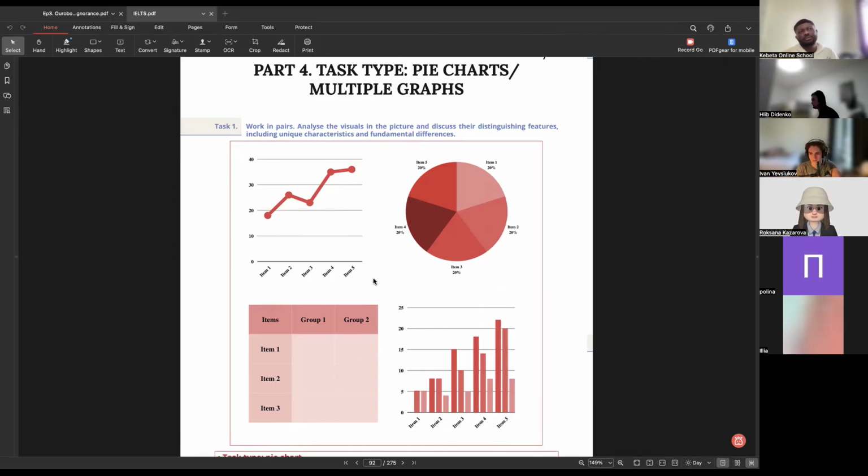It's more similar to the line graph, which only shows change in data over time or over something. And the table is only grouping data, I guess. Okay, so the table is mostly about grouping data, right?